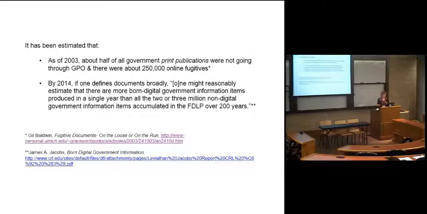A more recent article by James A. Jacobs maybe defines documents a little bit more broadly, and that's part of the reason why he gets this huge number. But his sense is that one might reasonably estimate that there are more born digital government information items produced in a single year than all of the publications that have been published over the history of the depository library program. So this is a big problem that is getting bigger, and as a depository library, we're concerned with working on solutions to that problem.